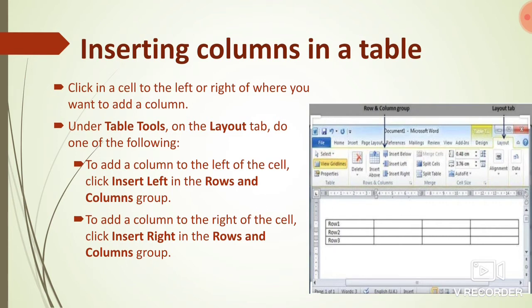So if you want to add a column to the left side of your selected cell, click on the insert left option. If you want to insert a column on the right side, select the insert right option.